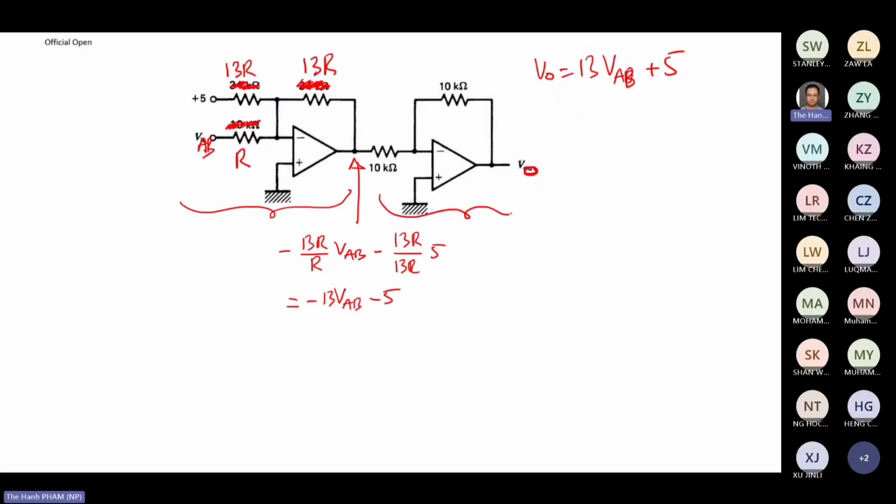But this portion is multiplied with minus 1, which allows you to multiply whatever is here with minus 1. Therefore, this portion here should be 13 VAB plus 5.